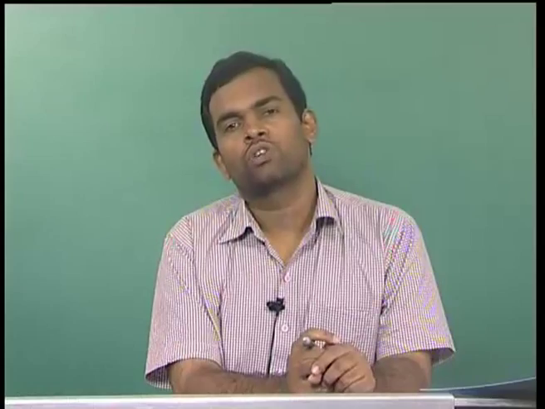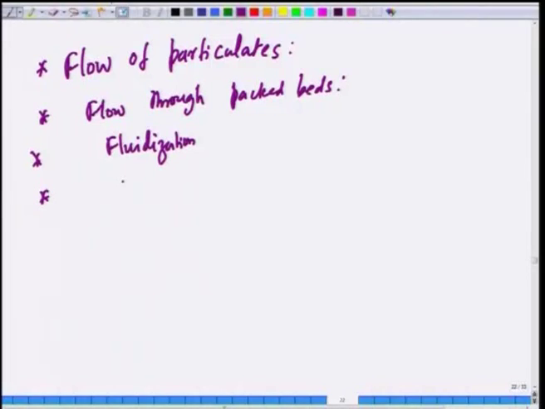And we were able to use the same ideas, such as the pressure drop for flow in a packed bed, to find the incipient velocity required for onset of fluidization, which we were able to do.